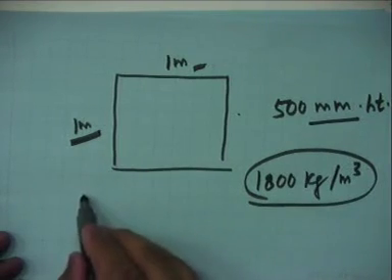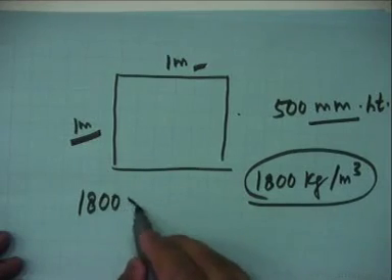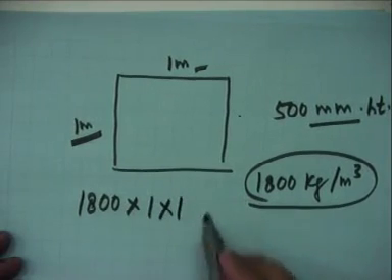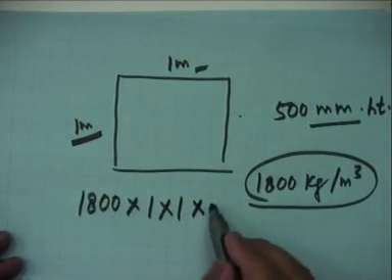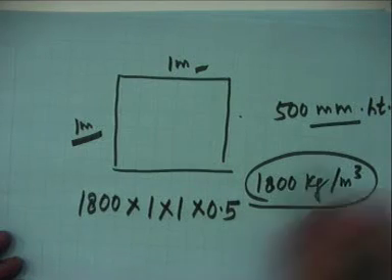It would be 1800 multiplied by 1 into 0.5. This is millimeter.